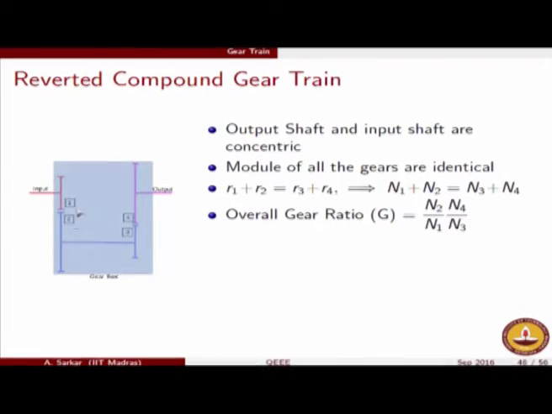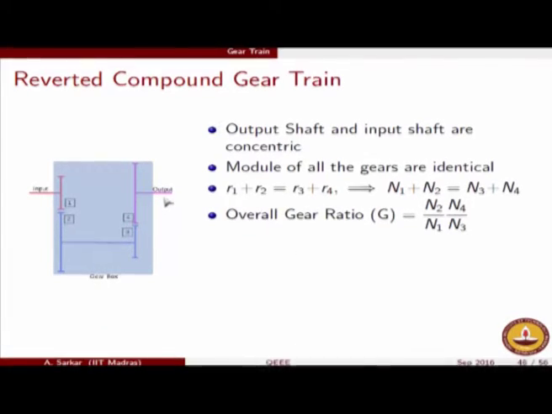So between 1 and 2 you encounter a gear ratio, and between 3 and 4 you encounter another gear ratio. Therefore the total gear ratio is the product of these 2 gear ratios. N2 by N1 is the first gear ratio, N4 by N3 is the second one, so the total is just the multiplication of the two.